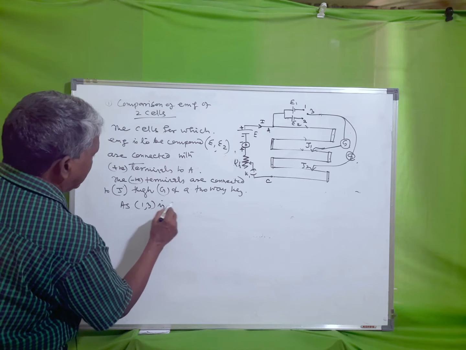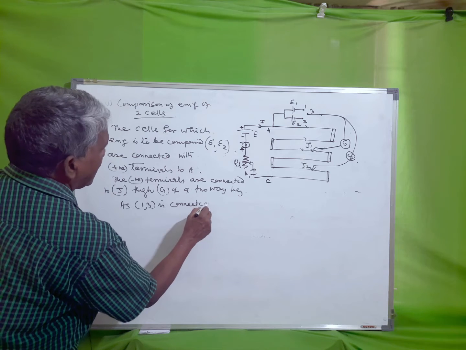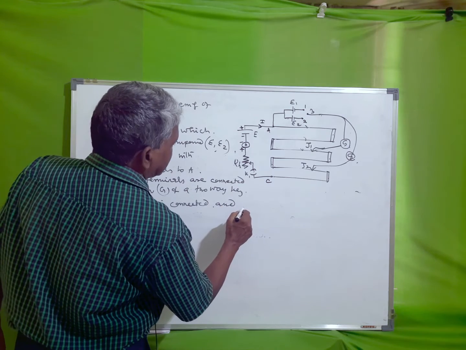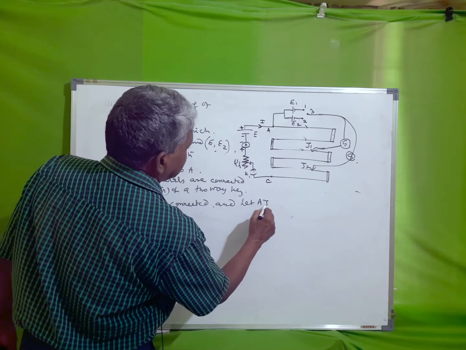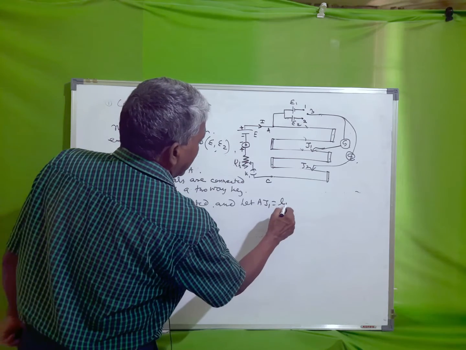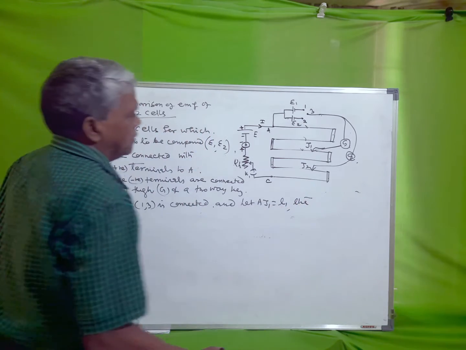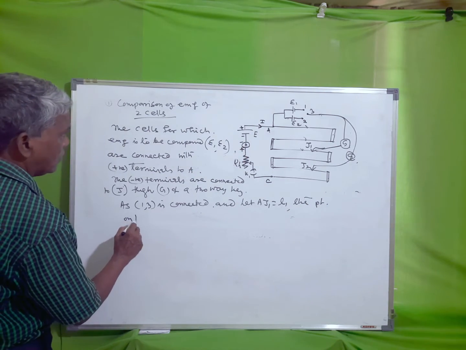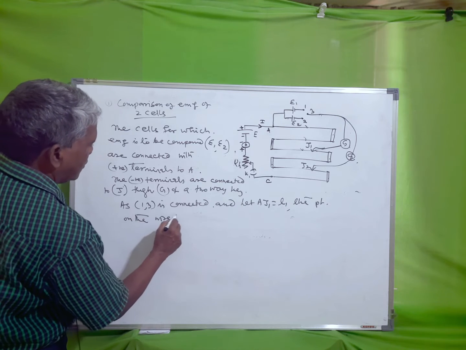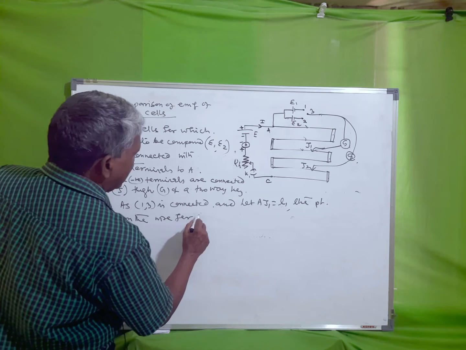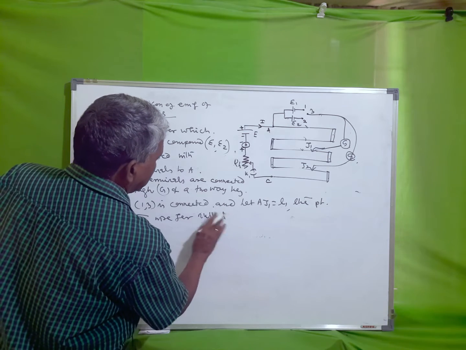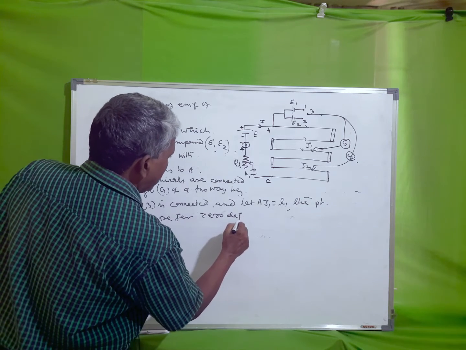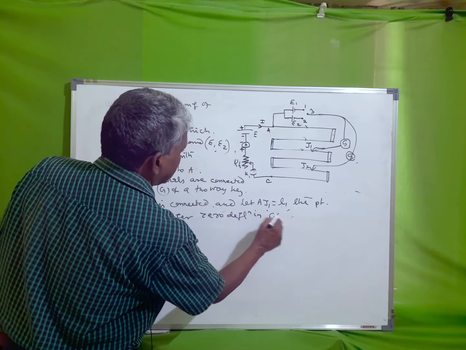Let AJ1 be equal to L1, the point on the wire for null deflection, or null point, for zero deflection in the galvanometer.